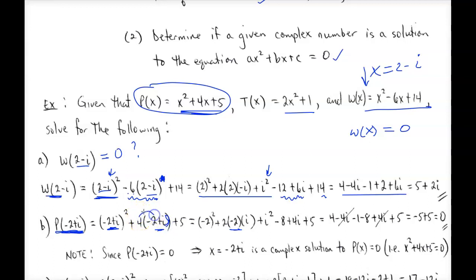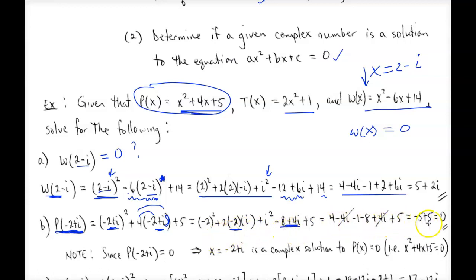But that should be 4 times negative 2, which is negative 8. And then same thing here with the 4 times i. So that's where those 2 terms come in there.